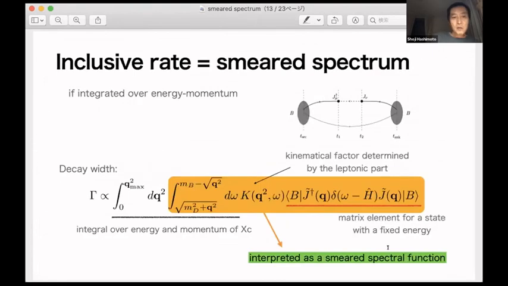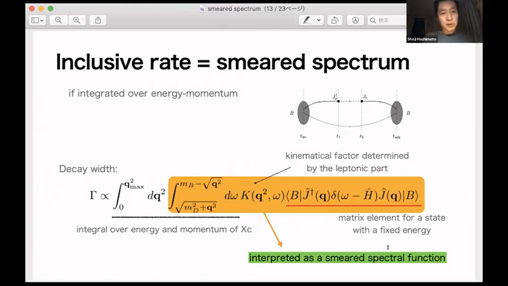But what we actually want to compute is not the spectrum. Of course, if we can compute the full spectrum, that is very nice. But what the experimenters measure is not the precise spectrum, but more like the total decay rate. And that is given in this way.